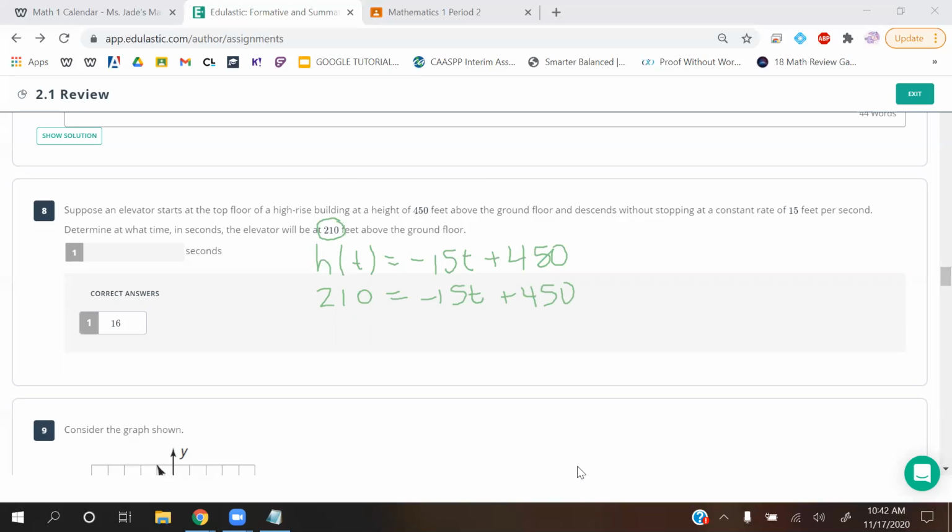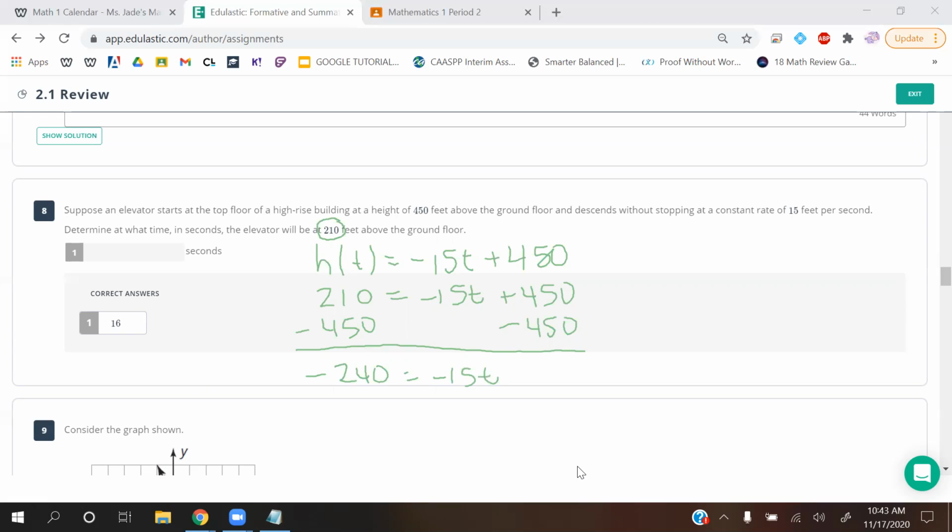So we are going to need to solve for t. So we have 210 is equal to -15t plus 450. We're going to minus 450. So 210 minus 450 gives us -240 equals -15t.